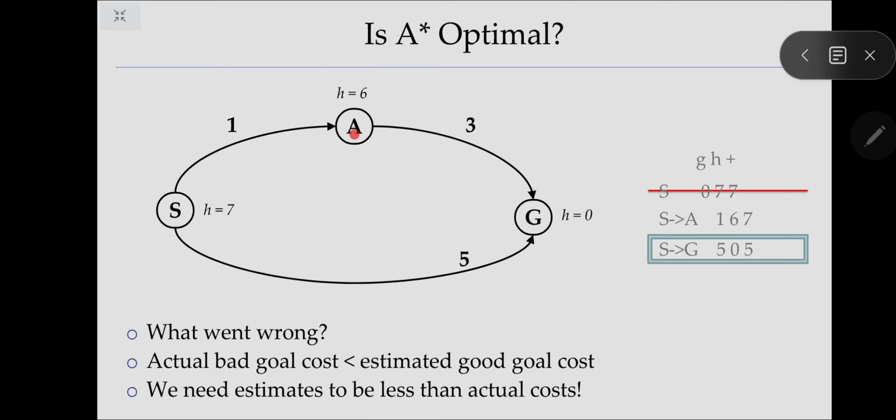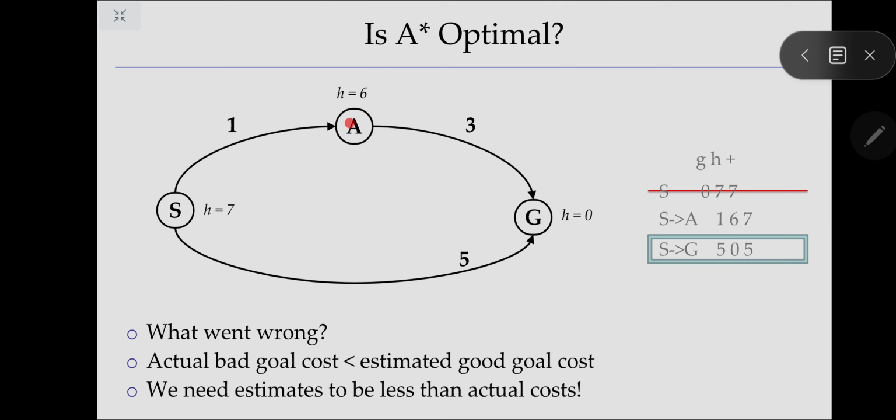That means h of A can be defined as 0, 1, 2, or 3. But the heuristic of A cannot be admissible if you use 4, 5, or 6 for the heuristic.